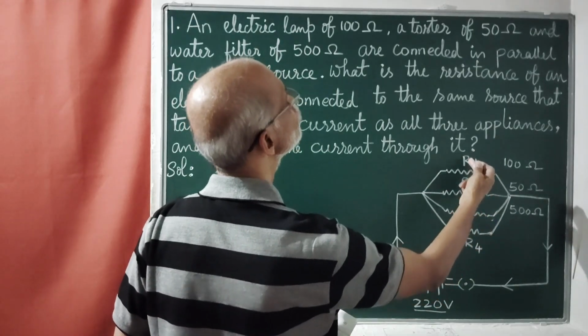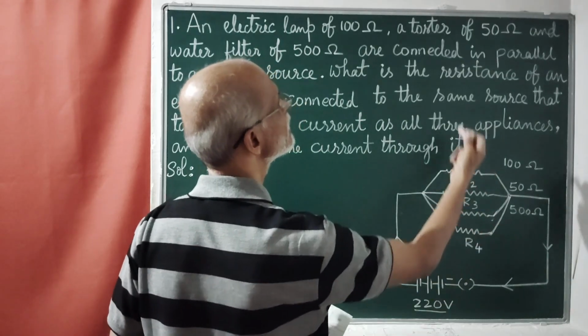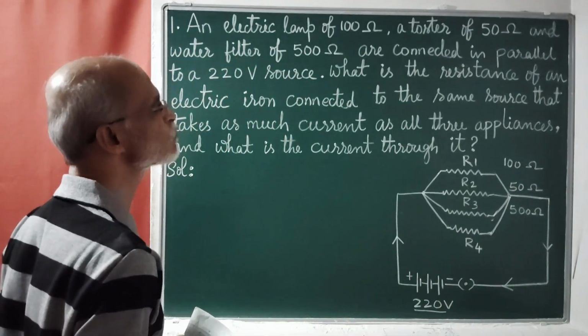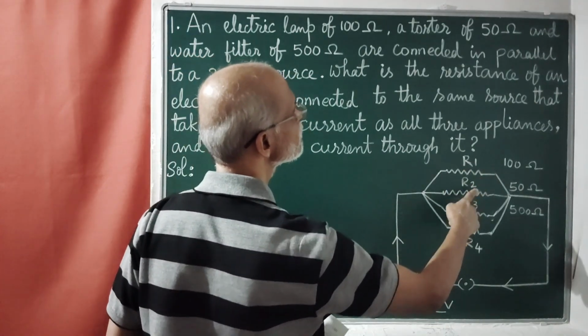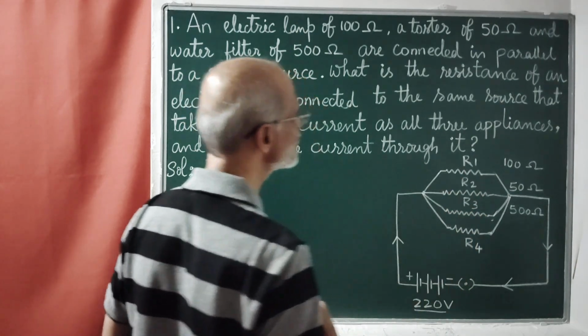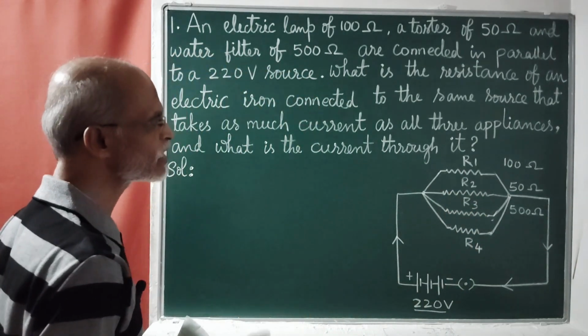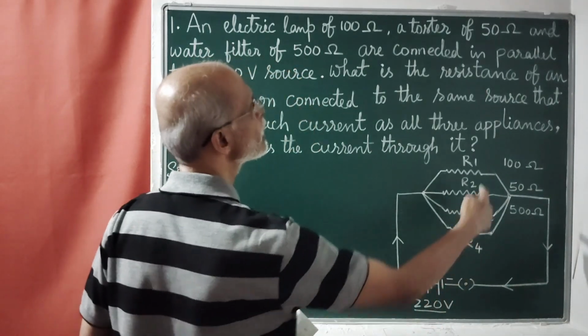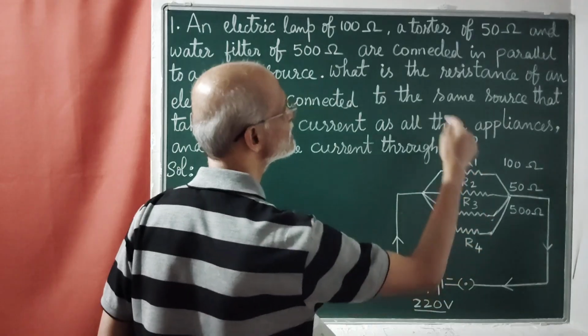The current flowing through all the resistances is not the same. Current flowing through R1 is I1, through R2 I2, I3 and I4. But it is given that the current flowing through R4, that is the electric iron, is equal to I1 plus I2 plus I3.